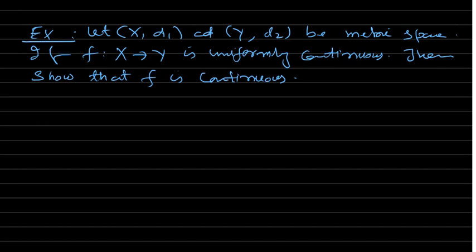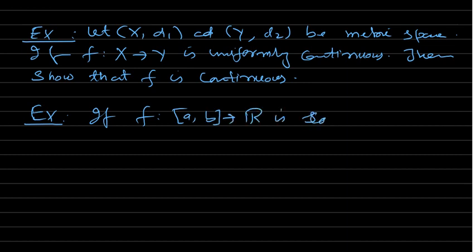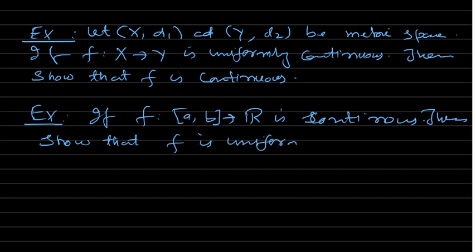Now you must have studied a theorem in analysis: a continuous function on a closed interval is uniformly continuous. If f from closed interval [a, b] to R is continuous, then show that f is uniformly continuous.